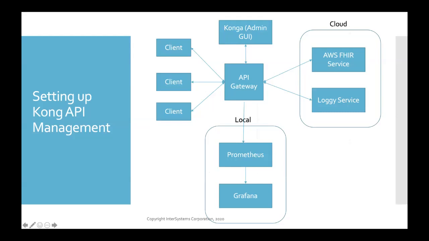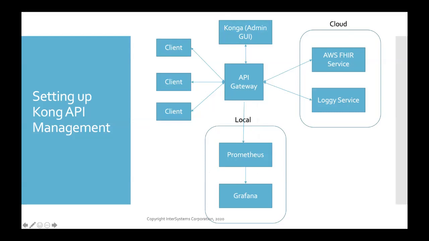Well, we have a number of clients that are going to be hitting our API gateway. Behind that, we're going to have a number of cloud services. Got a FHIR service running in AWS. That's an InterSystems FHIR service, and I'm using Loggly for logging.